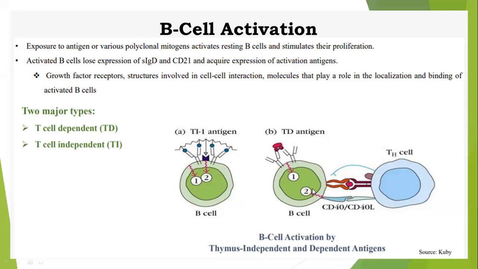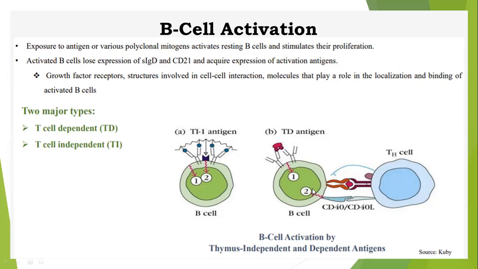In T-cell independent activation of the B cell, we talked of a case whereby you've got either polyclonal antigens or multivalent antigens that have a good number of epitopic expressions that are able to induce dual signals on the B cell, thus rendering that B cell active without any T cell stimulation or T cell activation.